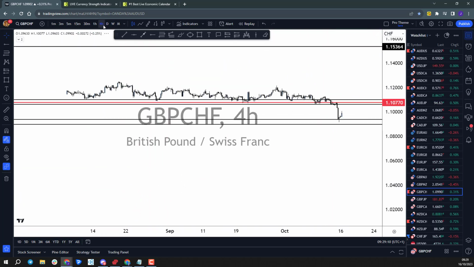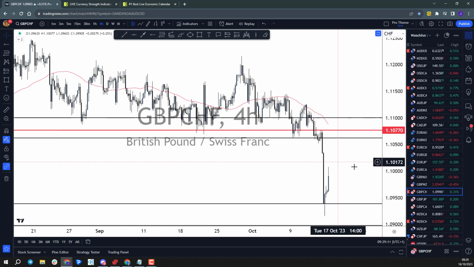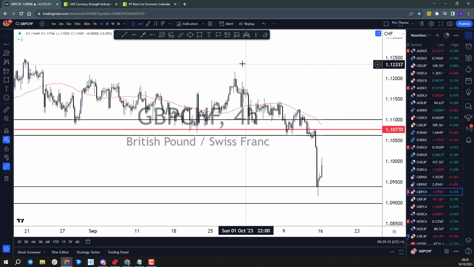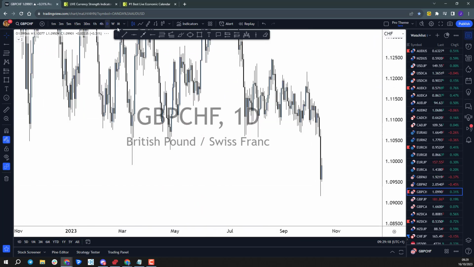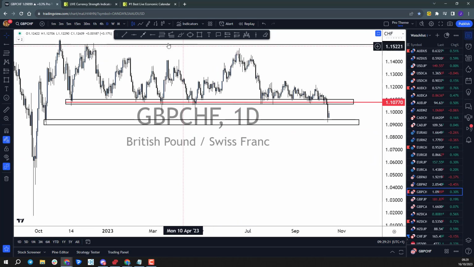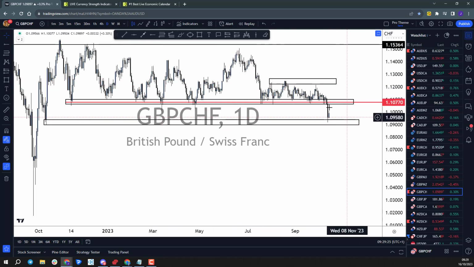So I'm looking at this thinking, is there an opportunity for us? Potentially. Would I like to short it from here? Not really, because we're in the middle of that sort of area. Like I said, I like to be looking to short from previous highs or long from lows, and I don't really see the option here to short right now because obviously we're at that low.